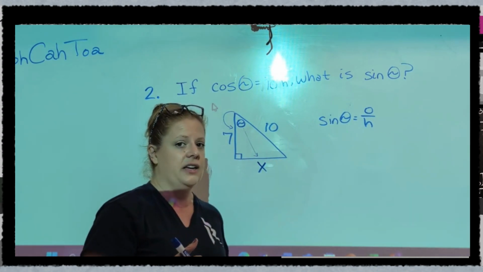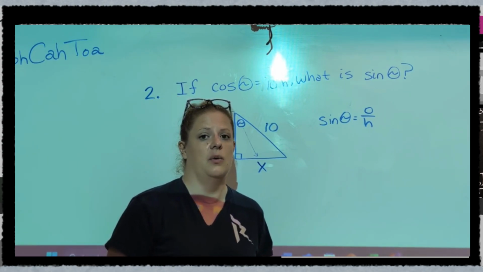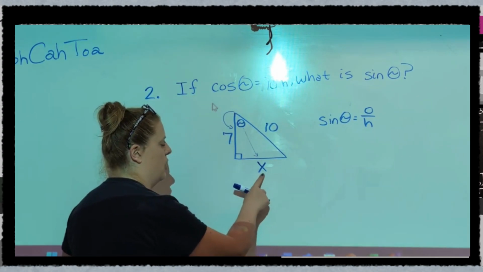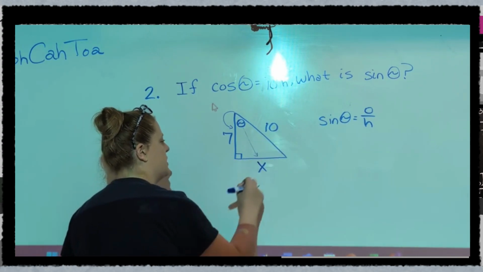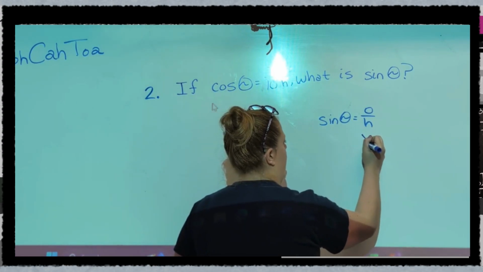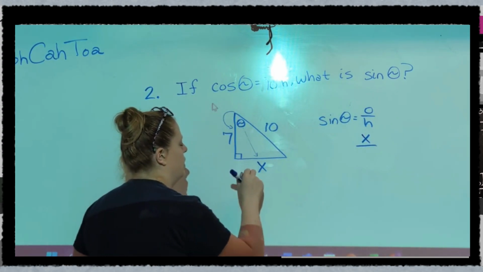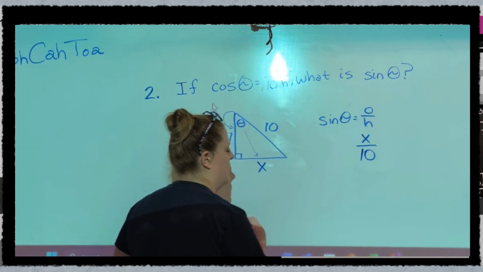You can call it x, you can call it a, you can call it Steve. I don't care what you call it, just as long as you know we don't know it. Sine then of theta, opposite, is x over our hypotenuse, 10.